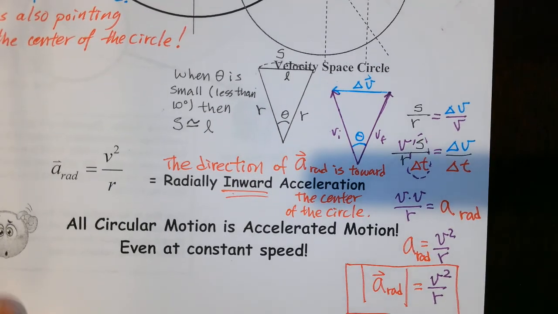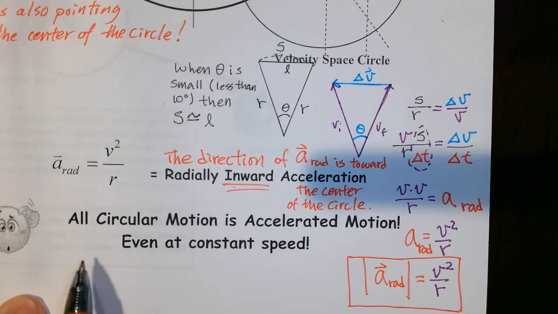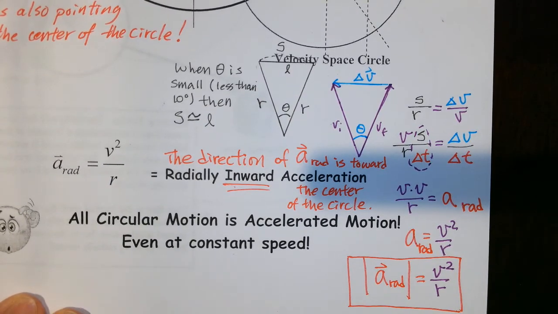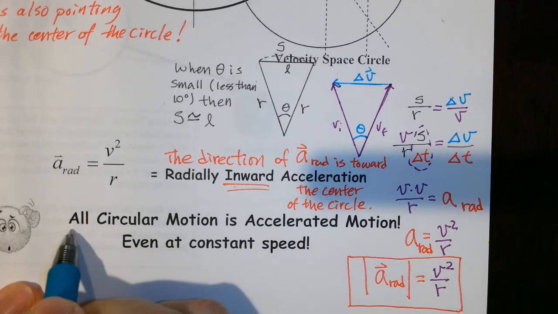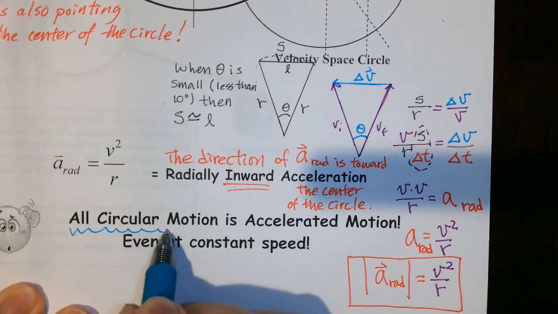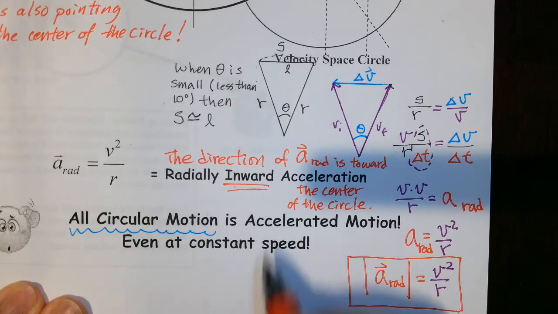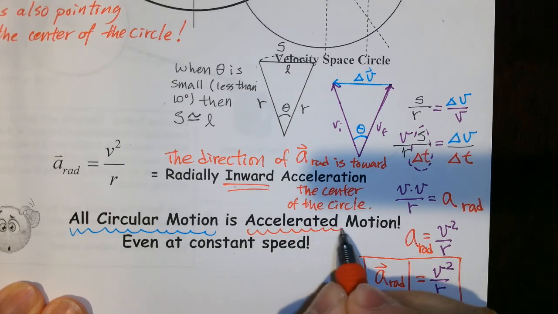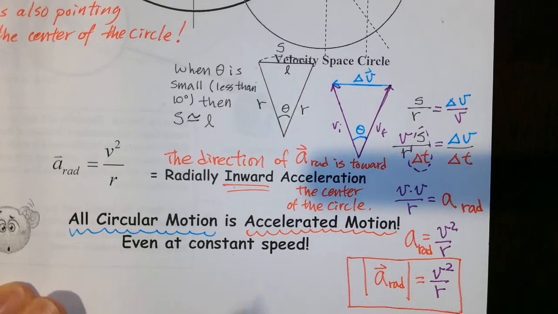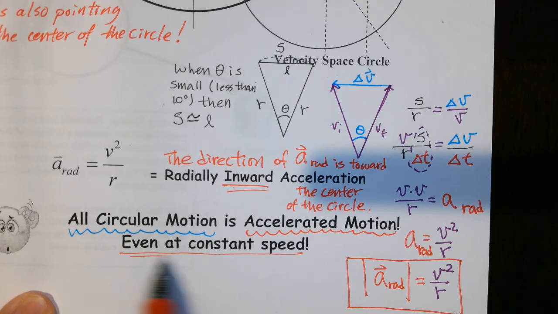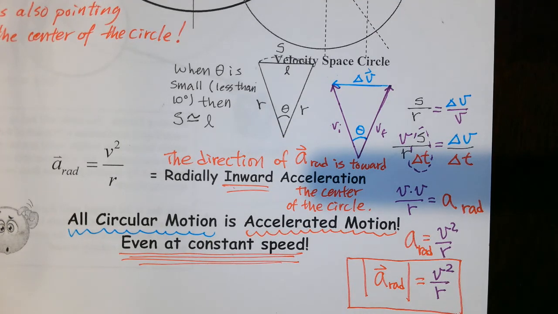So all circular motion is definitely an accelerated motion. This is very, very important. Even at constant speed. Okay?